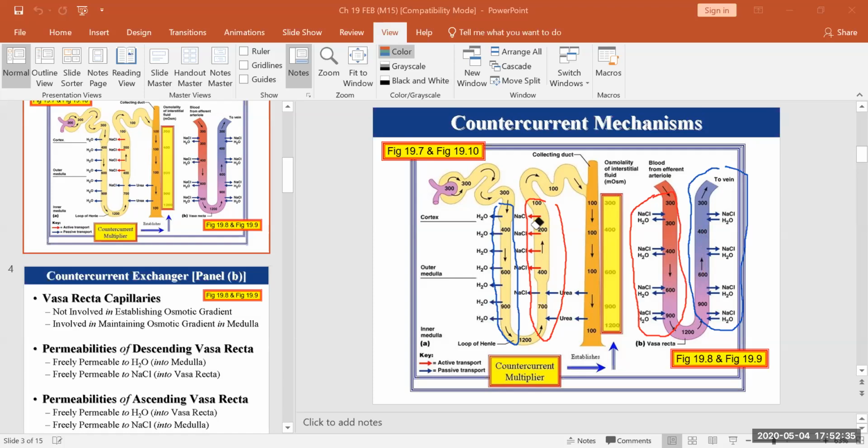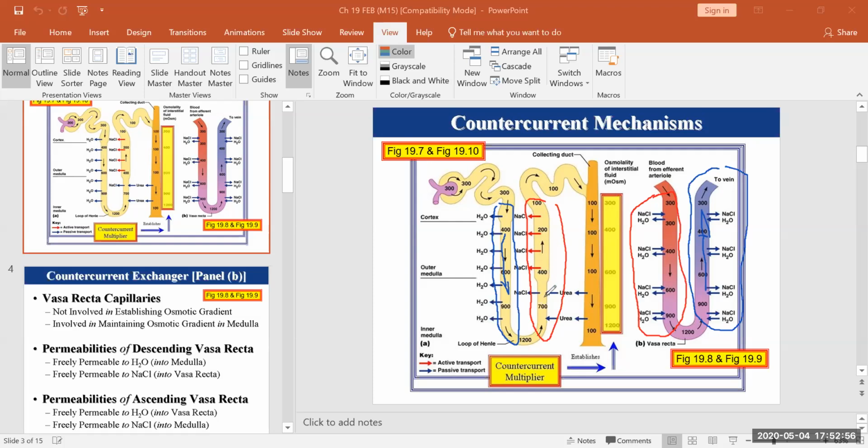It's back to blue. Again, this is going down, the descending limb of the loop of Henle, and the ascending limb of the vasa recta is going up. Opposite direction, countercurrent.